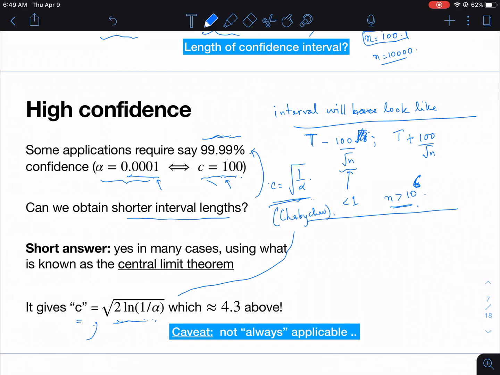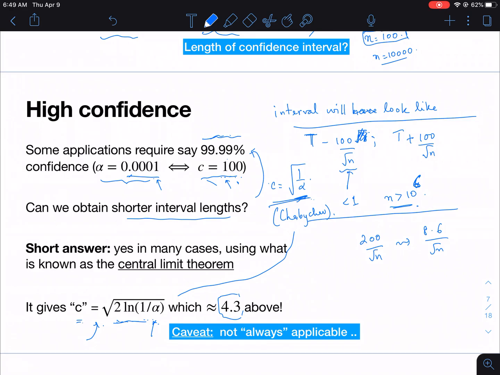If I plug in this value, you can evaluate this, you end up with a value of like 4.3, which is way less than 100. So your interval length goes from like 200 by root n to something like 8.6 by root n, which is a much smaller interval. It's like a factor of 20 or something. And in fact, if alpha gets smaller, then this becomes even better than this one.